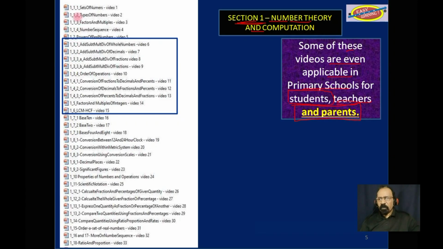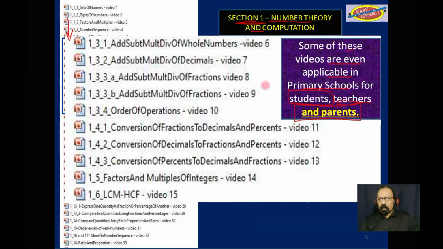For example, if you look at this blue box over here, if I expand it, you will see video 6 says add, subtract, multiply, and divide whole numbers. And then video 7, add and subtract, multiply, and divide decimals. Video 8, add and subtract fractions.